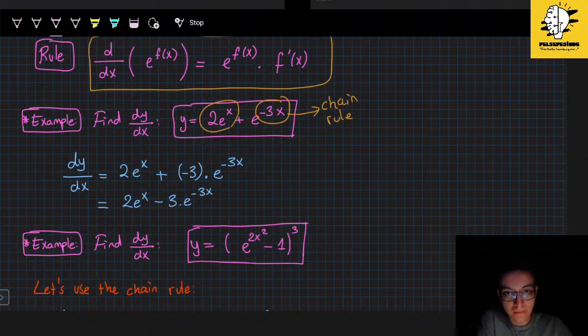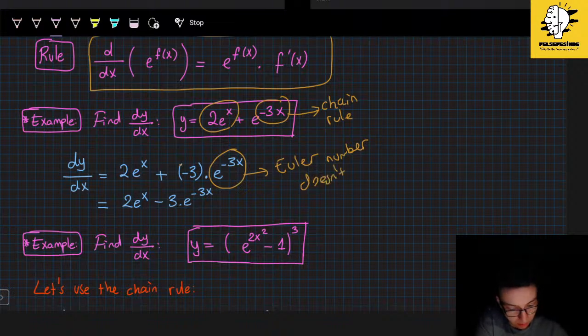But in the second one, we have to change it. Firstly, we have to take the derivative of the exponential function's power, and when we do it, it is minus 3 times e to the power of minus 3x. The Euler number e does not change. Just if you remember this, it's okay.